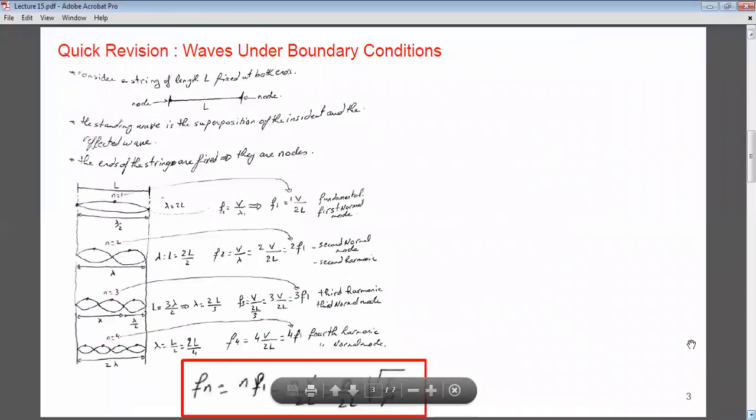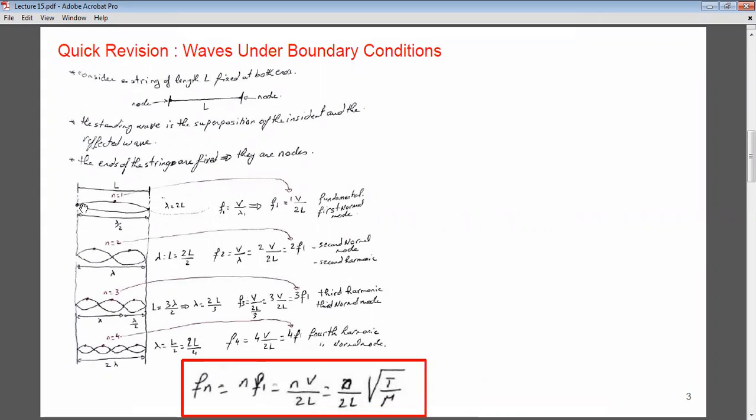Another revision: what if we fix the two ends of the string? We fix the two ends of the string, and we start two waves which are identical, but going in opposite directions. There are lots of possibilities. One possibility is that I will only see one antinode.